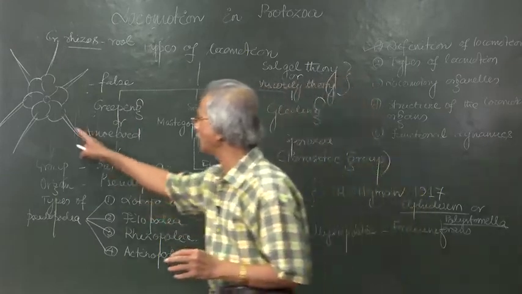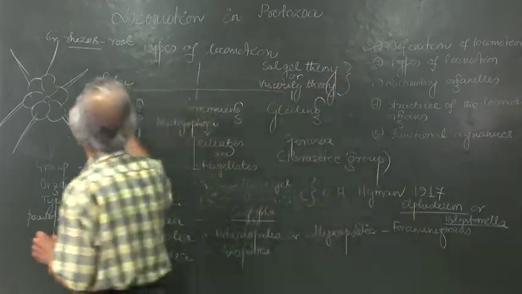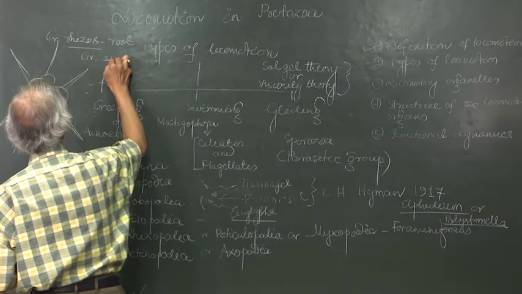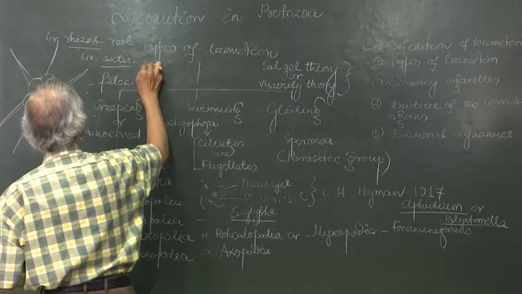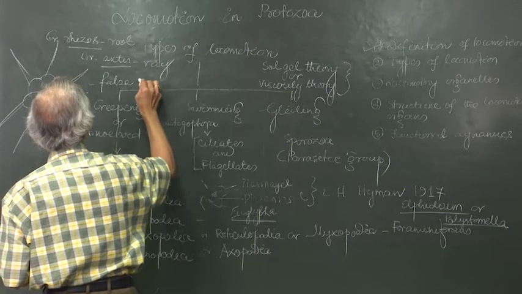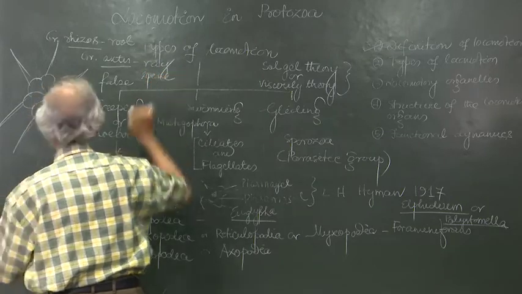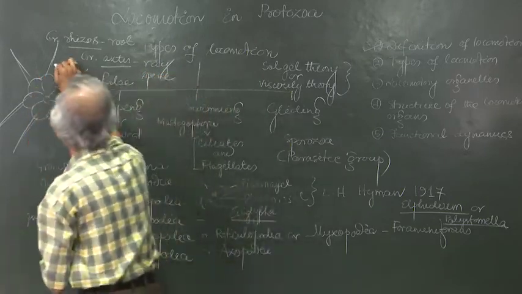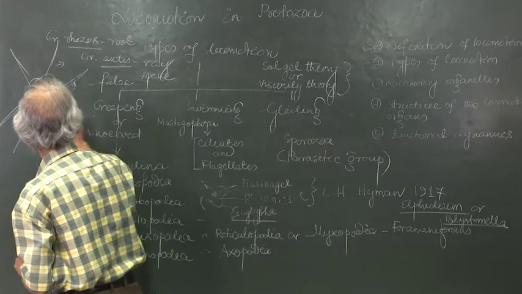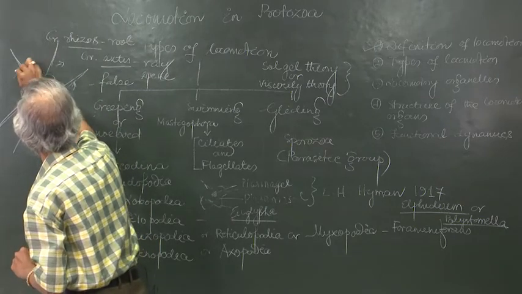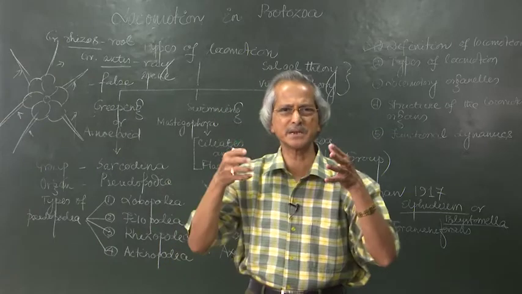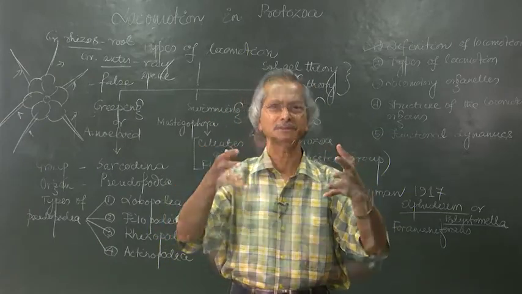You will find actinopodia; actis, a Greek term, means ray or spine. So, when you find these structures, these are actinopodia. If you observe these structures, these are very sharp, spine-like structures.